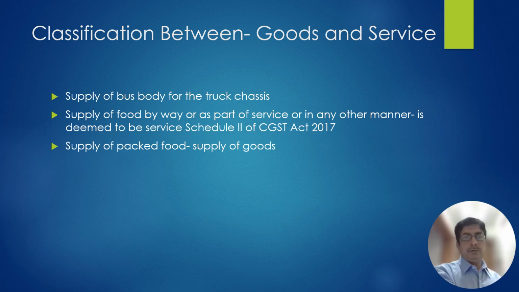From the catalog, you need to select a bus body, and the bus body is erected. The bus body is lifted on the chassis and fixed. So the Supreme Court in Patna Eyebrows held that this is sale of bus body.